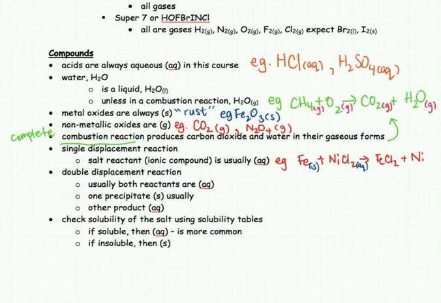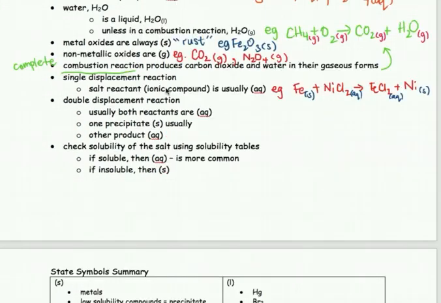So now it gets displaced. This new ionic compound is aqueous. And then the metal that got displaced, now it's just sitting there in that solution as a solid. Okay, so whenever you have a metal just on its own, solid. For single displacement reactions, the ionic product that's formed is usually aqueous.